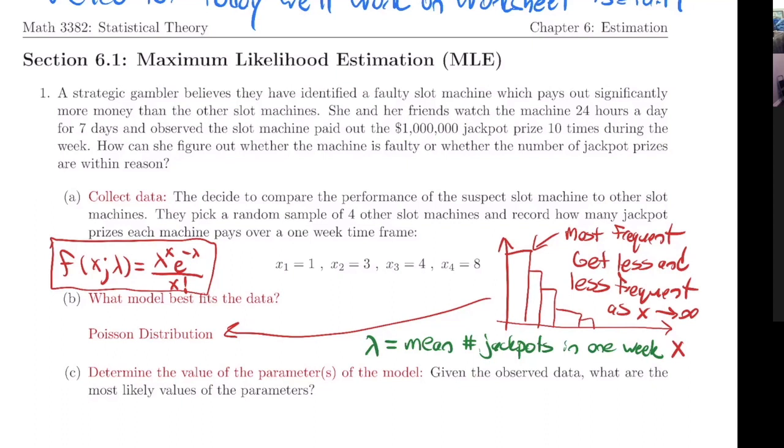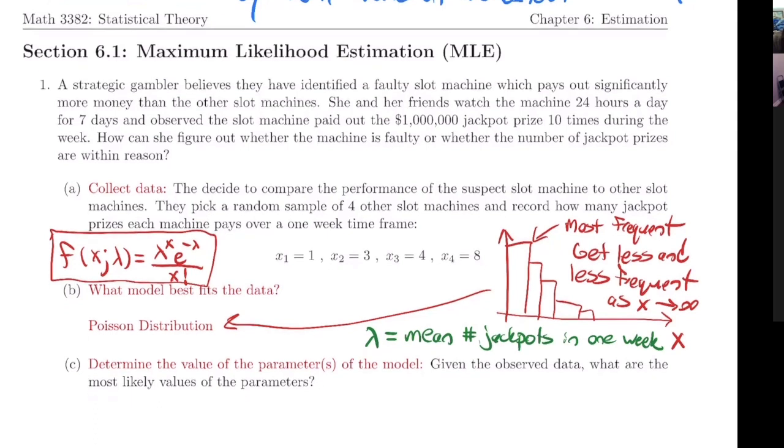Each of these values of X is how many jackpots were paid out by that slot machine over a week. One slot machine was chosen at random. It paid one jackpot out over the week. This one paid 3, this one paid 4, this one paid 8 jackpots. Then we might look at this data and say, let's find the statistical model for the distribution of jackpots paid out by a randomly selected machine.